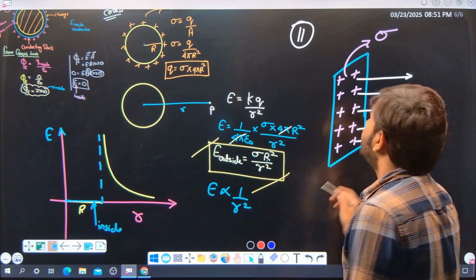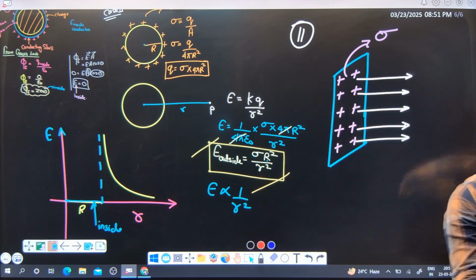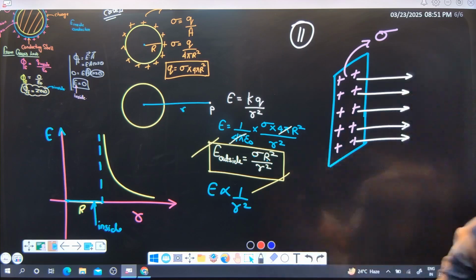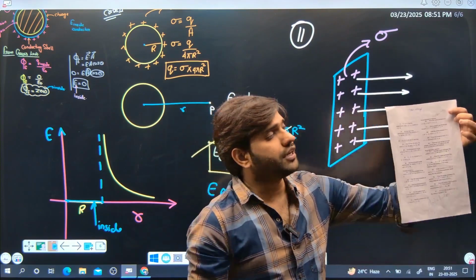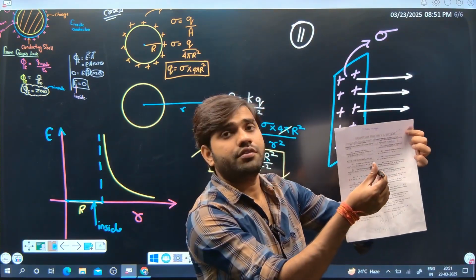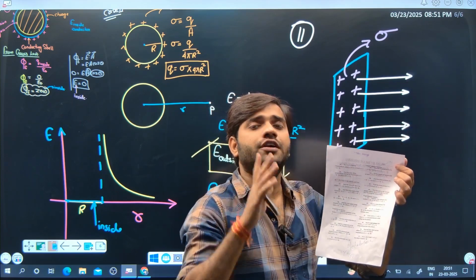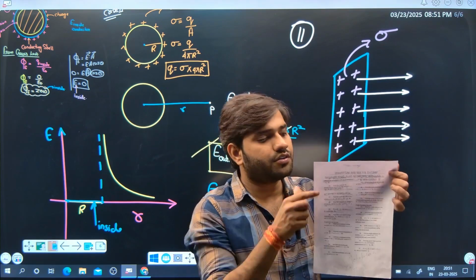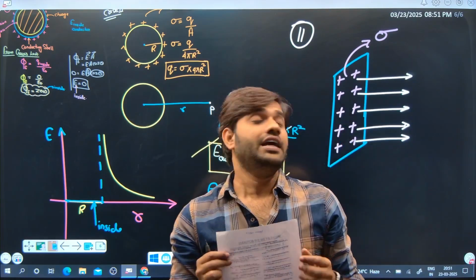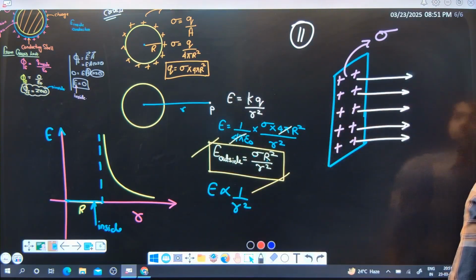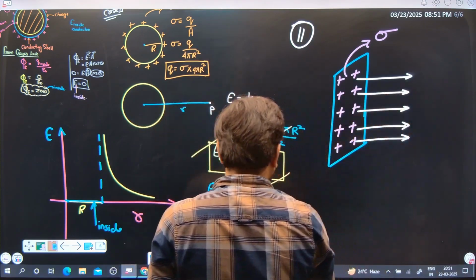I am telling you, the electric field due to any charged plane sheet, if I take the electric field like this, is constant everywhere. It means due to a plane charge sheet, the electric field is always uniform. And what will be the value? From Gauss law we can easily find it. We can make a Gaussian surface and easily find it.